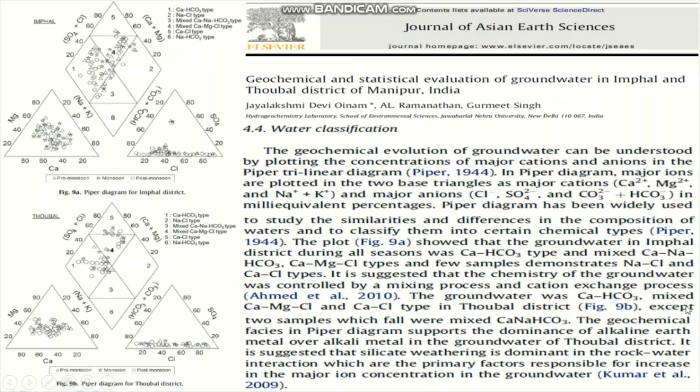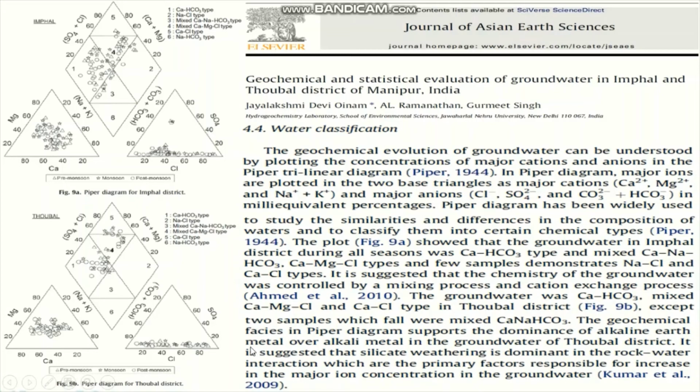So that only they have given over here, except two samples which fall under mixed CaNaHCO3, zone number 3. So that is given over here.